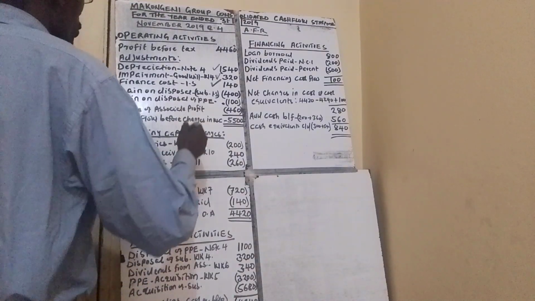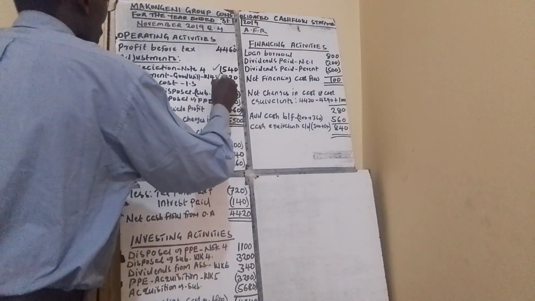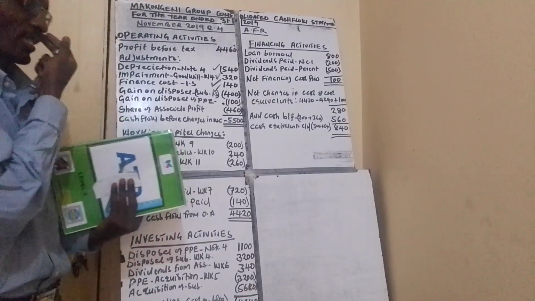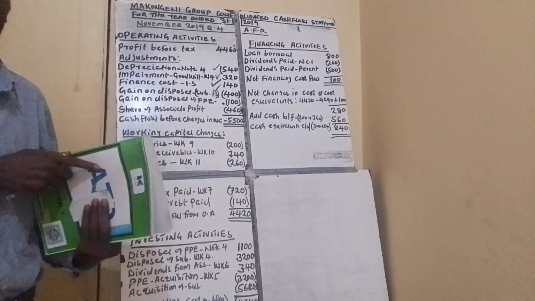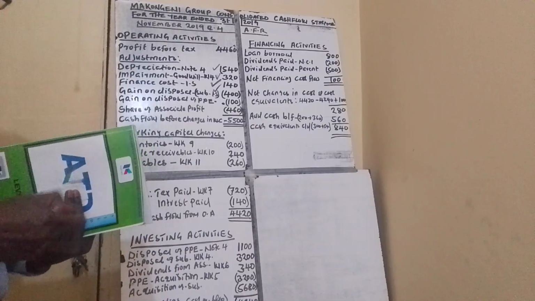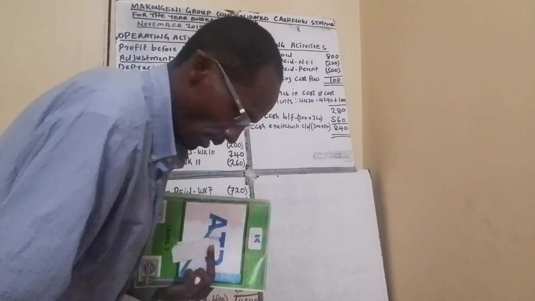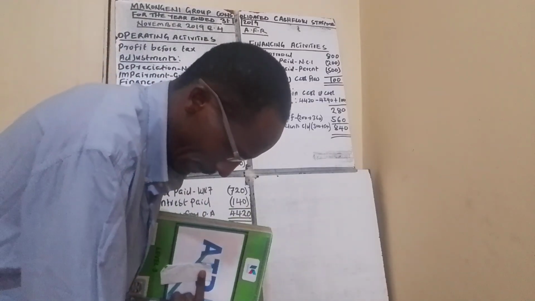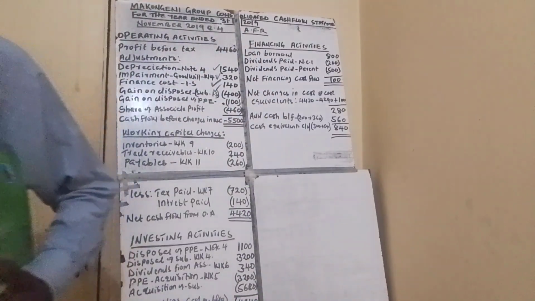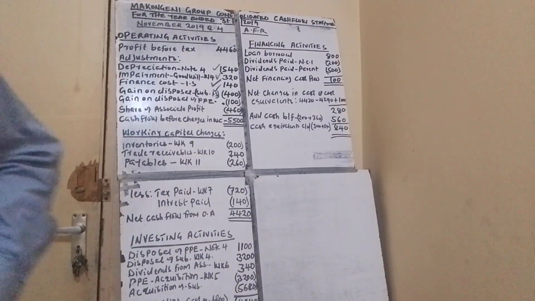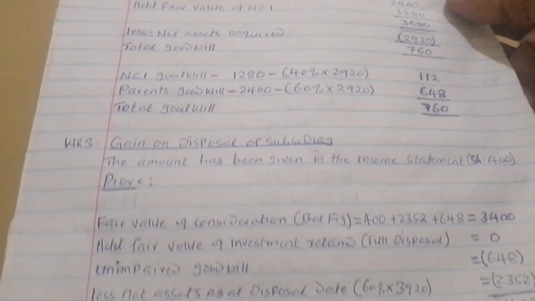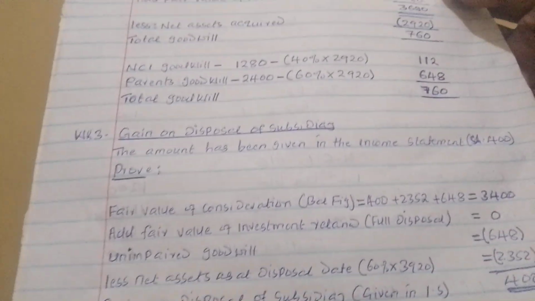Gain on disposal for T is 400. When we disposed the subsidiary, known as Salama, we made a gain. There was a profit of 400, but that does not involve actual cash movement. Look at working number 3.